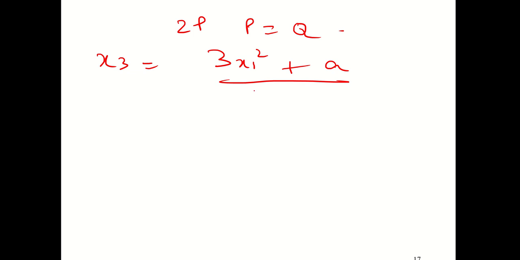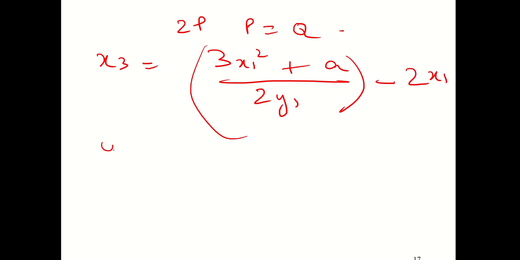So x3 and y3 can be calculated by the previous expressions. By these expressions we can calculate x3 and y3. To find the point 2P, P is equal to Q. So x3 is equal to (3x1 square plus a) by 2y1, whole square, minus 2x1.